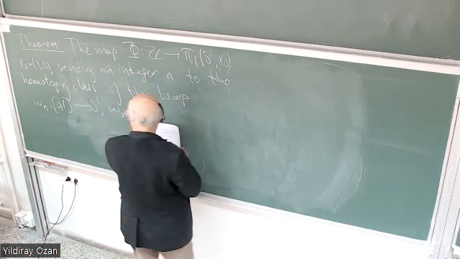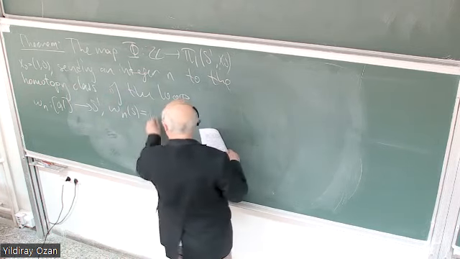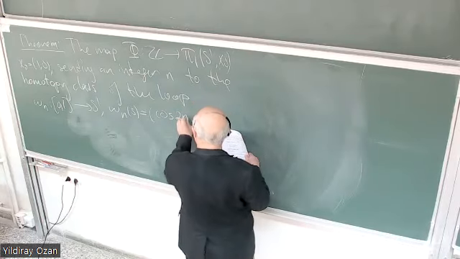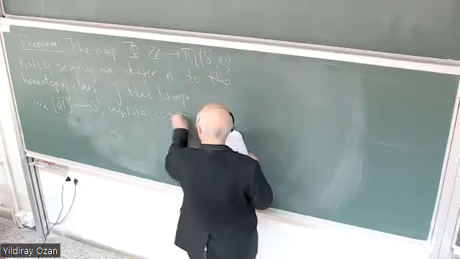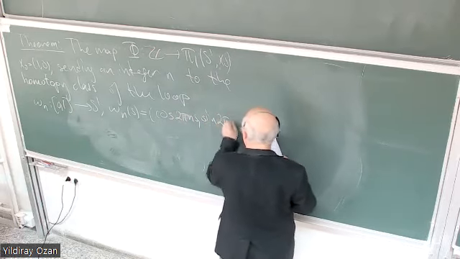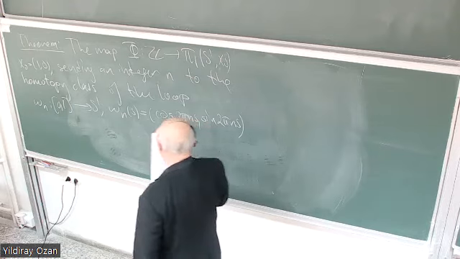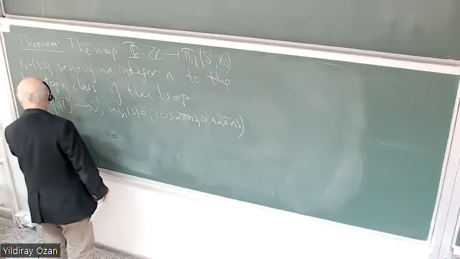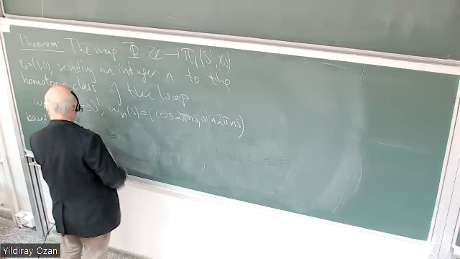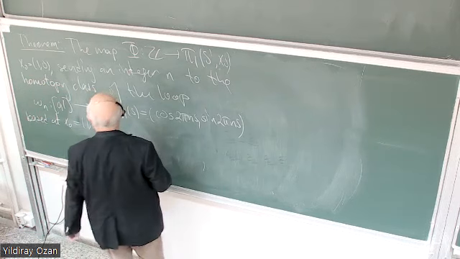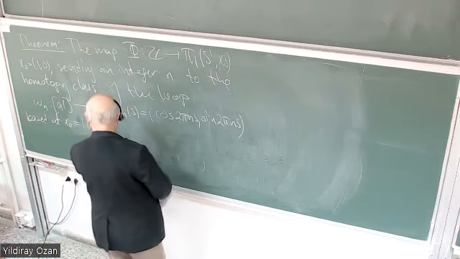Wn of s is just (cosine 2 pi n s, sine 2 pi n s). The map from the integers into the fundamental group of the circle based at x0 is an isomorphism.